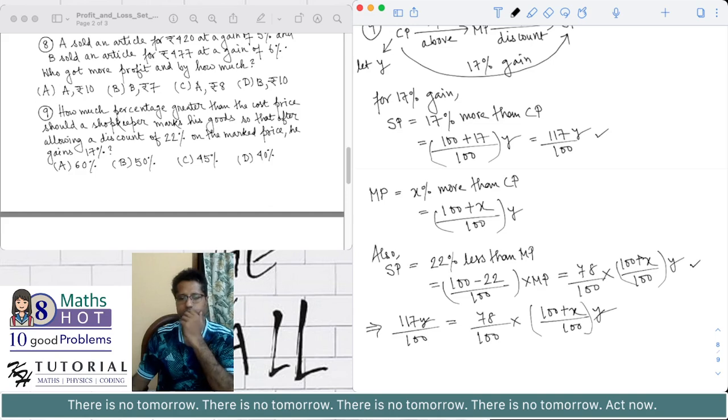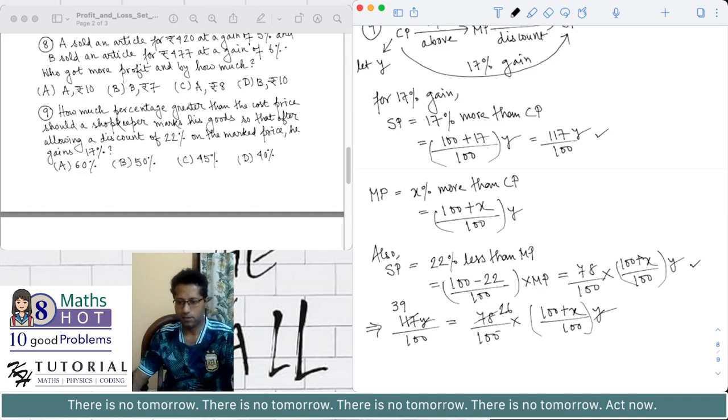And we can divide both sides by 3, that is, do cancellation on 117 and 78. 117 divided by 3 becomes 39, and 78 becomes 26.